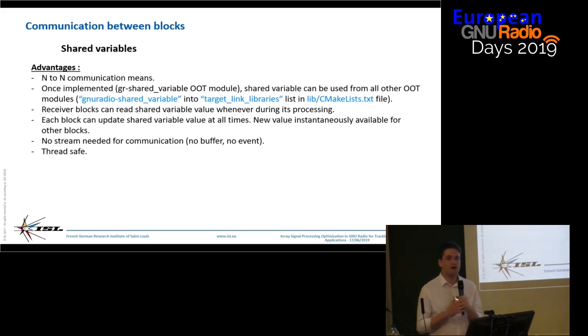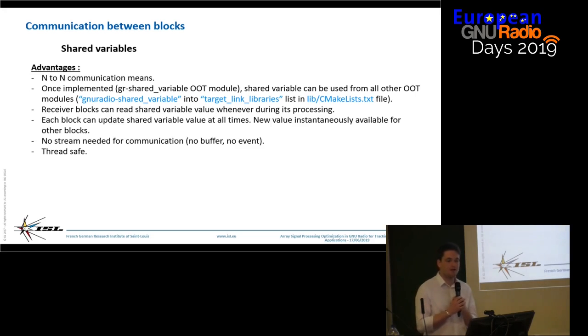If we had to give pros and cons on this way, we would say, as I told you, it is an end-to-end communication means: once it's implemented in an out-of-tree module, you can use shared variables in other out-of-tree modules by simply adding a line to your CMake list text file.